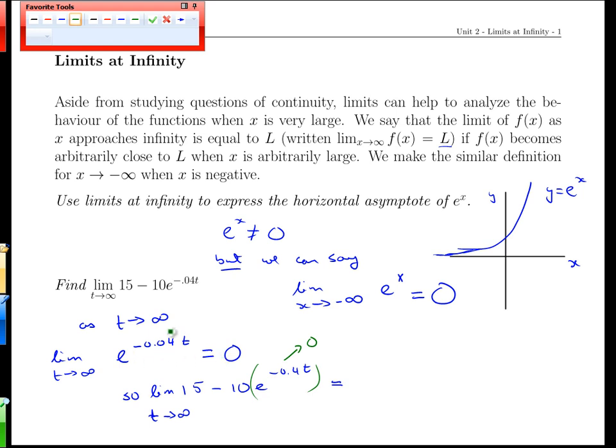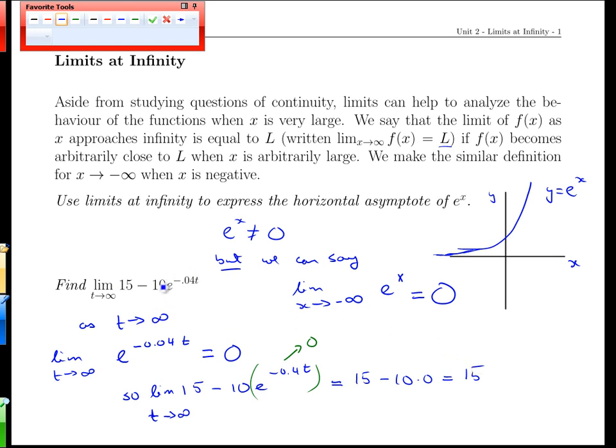The limit of that part of the function is going to be 0. And then, if that's going to be 0 in the limit, the 15 is going to stay the same. The 10 would stay the same. And we can basically apply this limit to each of the terms individually and see if we get a sane answer. And in this case, we do. The limit would be 15.